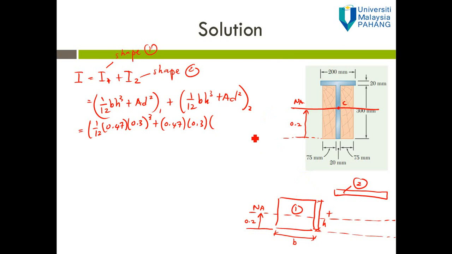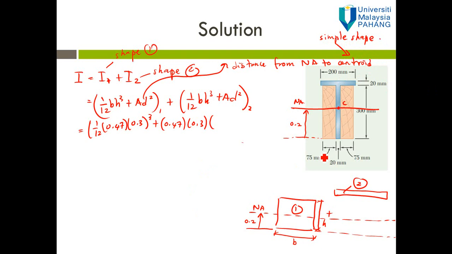D is the distance from the neutral axis to the centroid of the simple shape.